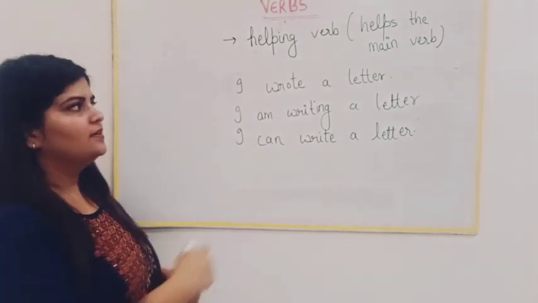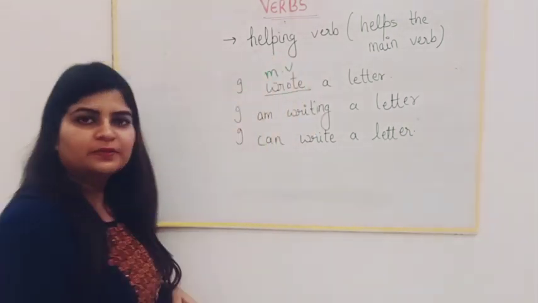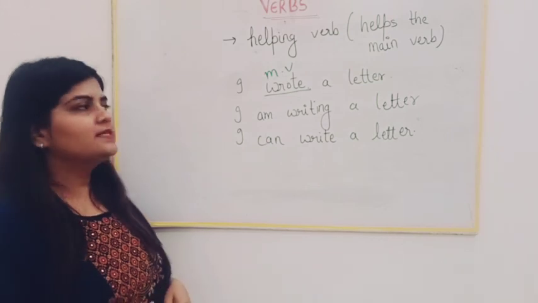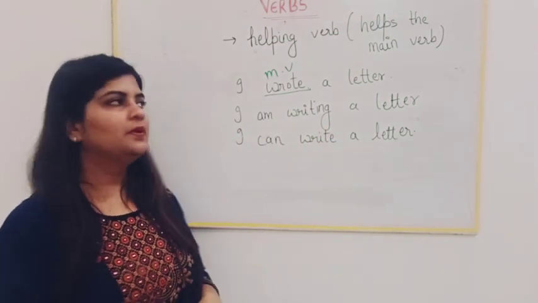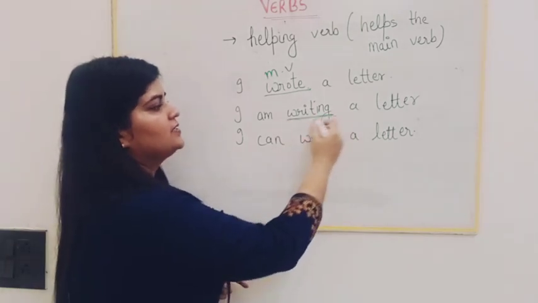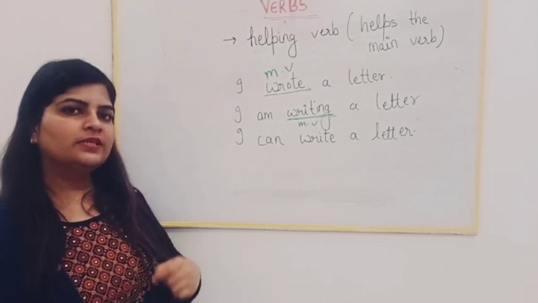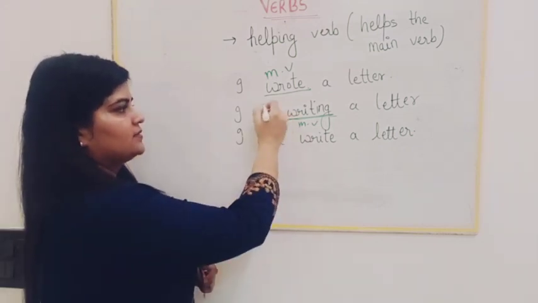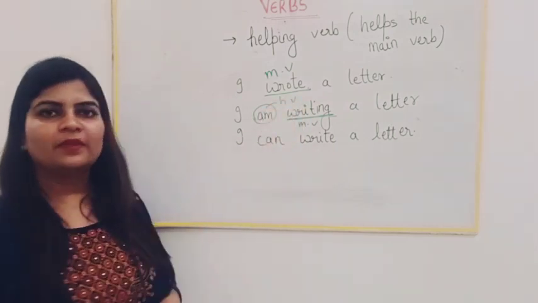In this you can see one single verb and this is the main verb. In the second sentence, I am writing a letter. Now here writing, this write is the main verb. And to make this sentence, which word is helping us? This am is the helping verb.